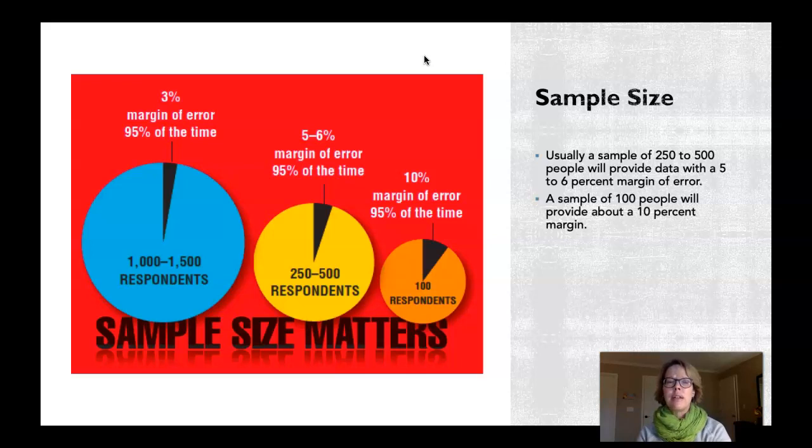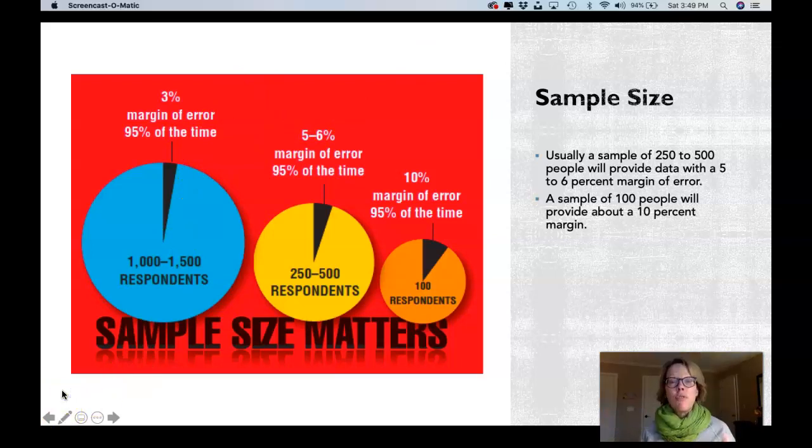You'll hear this a lot if you follow any election coverage. They will say that 1,000 people were interviewed, and that gives us a 3% margin of error.